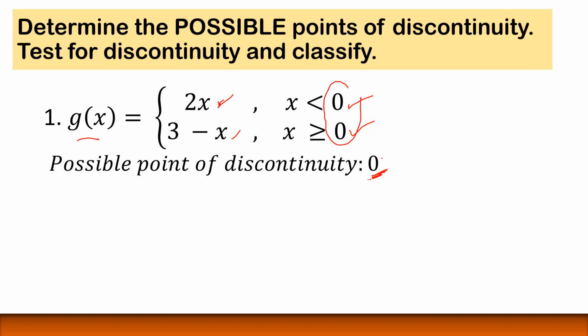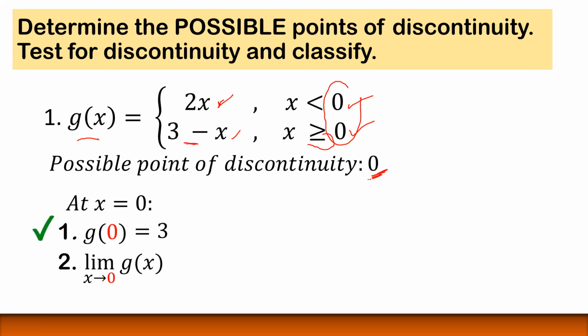So let's go back to the definition of continuity, the conditions. Condition 1: the function value should exist, so we get g of 0. Where is the equality at 0? Here. So we'll use this function definition, 3 minus 0, that will be 3. So that's a check. Condition number 2: get the limit of g of x as x approaches 0.